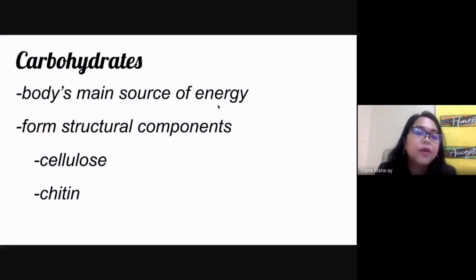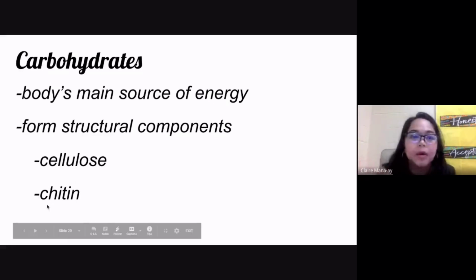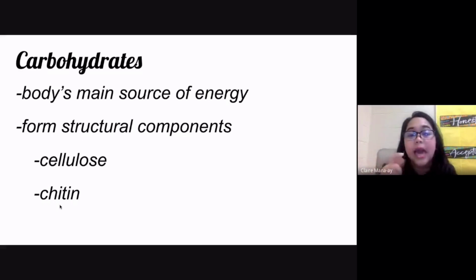Now, aside from that, they also form structural components. Some examples for this would be your cellulose. Your cellulose is the component of the plant cell wall, and it is an example of complex carbohydrate. It's a big type of carbohydrate. Another thing is your chitin. Chitin is found in the exoskeleton, the skeleton of your insects.